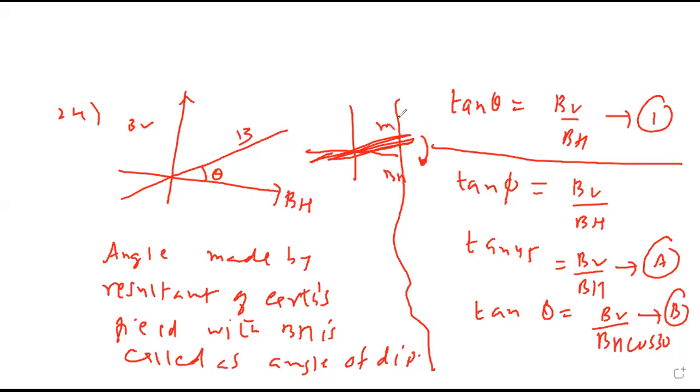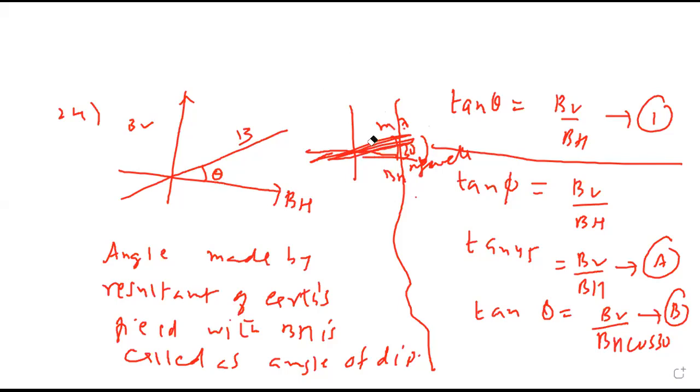This is magnetic meridian and it is making 30 degree with magnetic meridian. So along magnetic meridian, it will become BH cos theta. BH should be taken along magnetic meridian, but with magnetic meridian it is making 30 degree. So BH component there will be BH cos theta. That is the actual one.